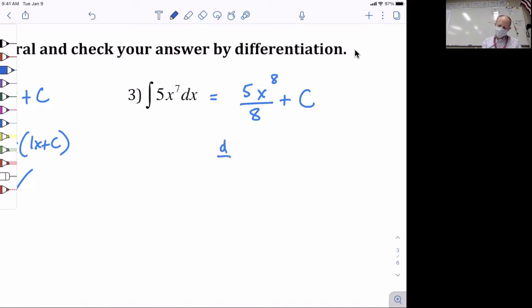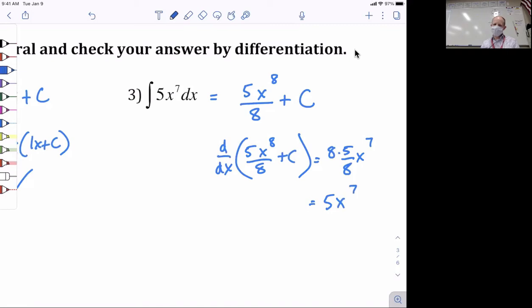Now we can take the derivative just to make sure we did it right. And so the 8 would move out in front, times what's there. Knock the power down 1. The derivative of the constant is gone. And indeed, we're left with 5x to the 7th.